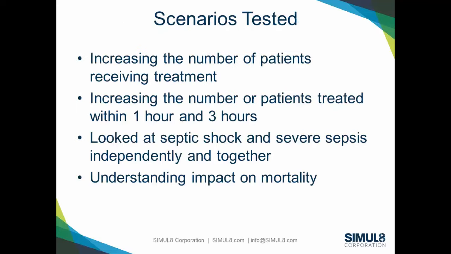So the scenarios we tested were: what happens if we increase the number of patients who receive treatment? What happens if we increase the number of patients who are treated within 1 hour and also within 3 hours? We looked at septic shock and severe sepsis independently and together, and we looked at the impact on mortality.